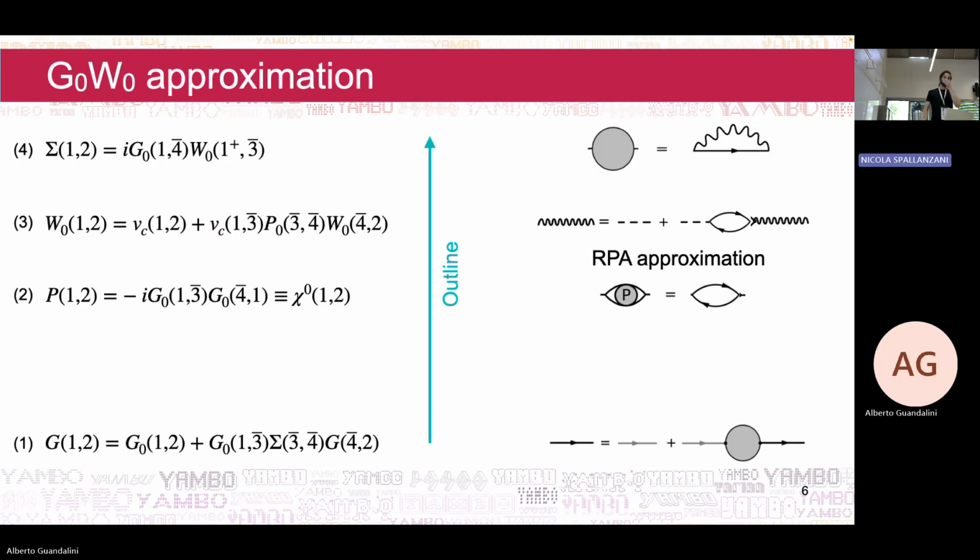So what Yambo does when you compute a GW calculation is exactly to solve these 4 equations here. And the outline of my talk is to understand how these are implemented in the code, as I said before.